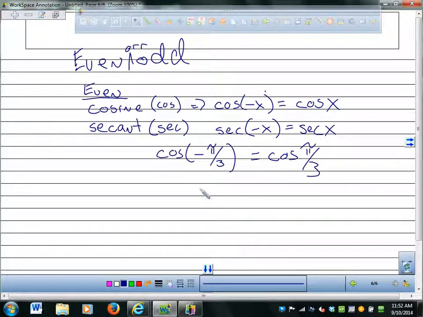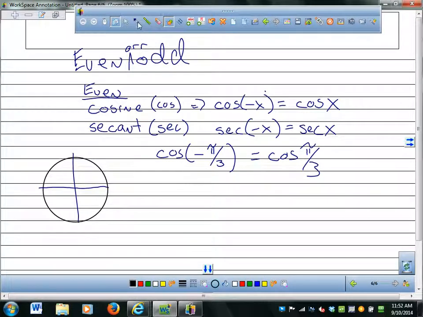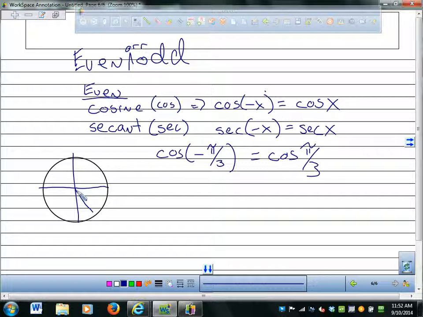And you could see that if I were to draw a unit circle. If I were to draw a circle and negative pi over 3, that means I go this way 60 degrees, right? And positive pi over 3, I go this way 60 degrees. See why it's even? Because x is the same in both of those cases, right? So that's why it's even. Does that make sense to everyone?